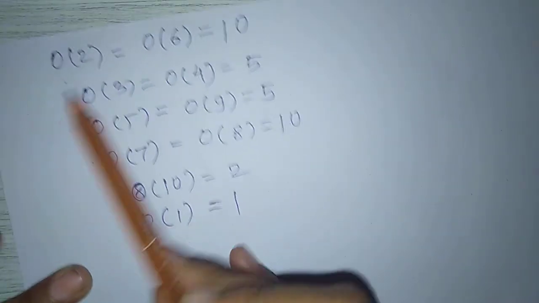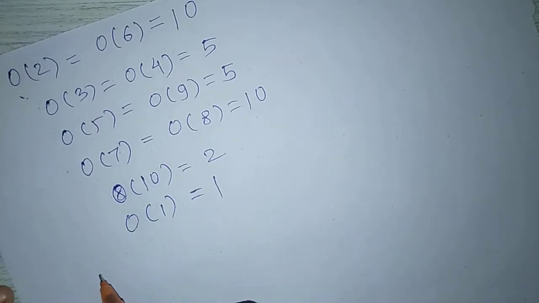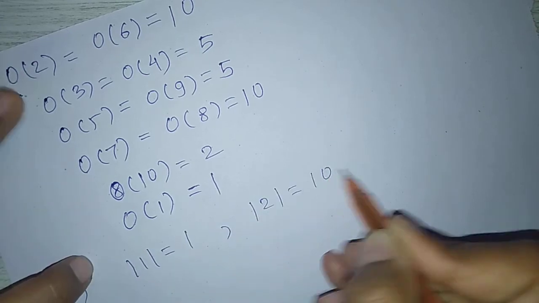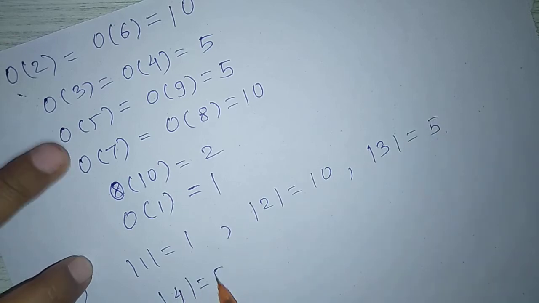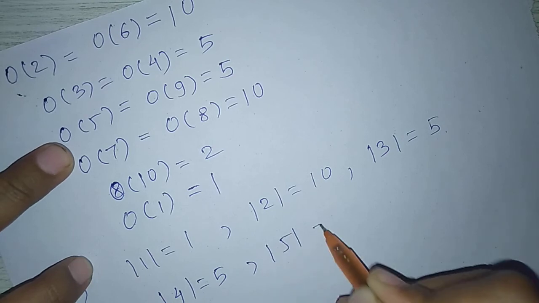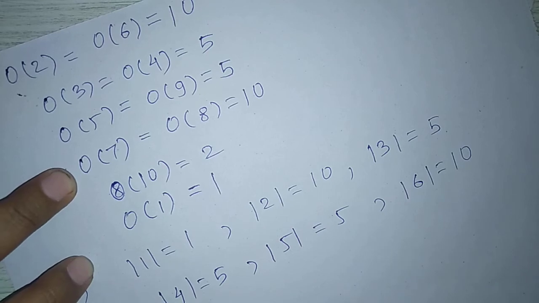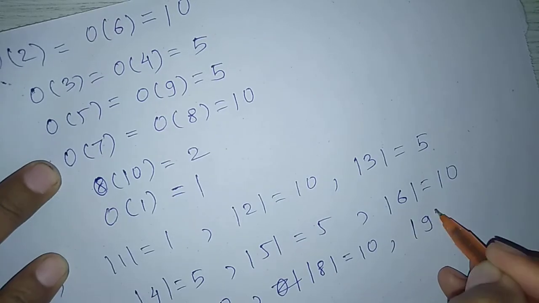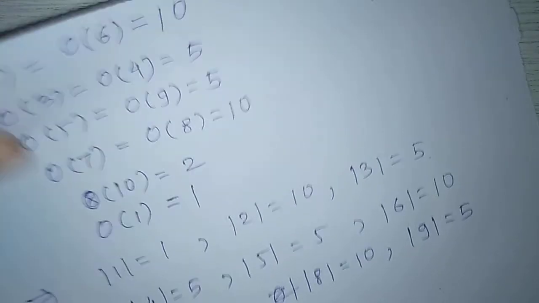Also, O stands for order, means we get here order of 1 equal to 1, order of 2 equal to 10, order of 3 equal to 5, order of 4 equal to 5, order of 5 equal to 5, order of 6 equal to 10, order of 7 equal to 10, order of 8 equal to 10, order of 9 equal to 5, order of 10 equal to 2.